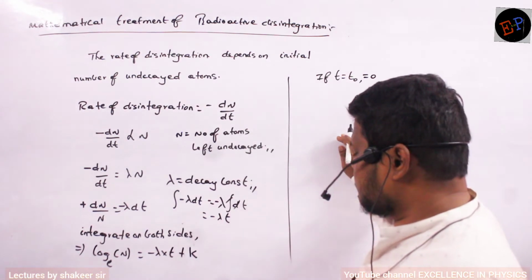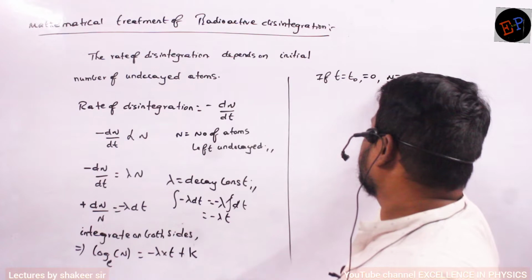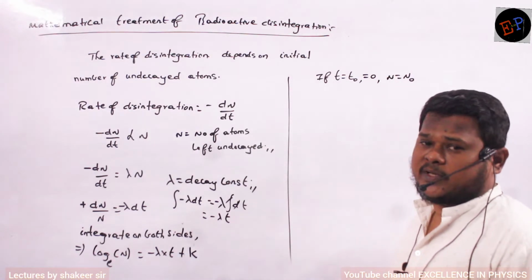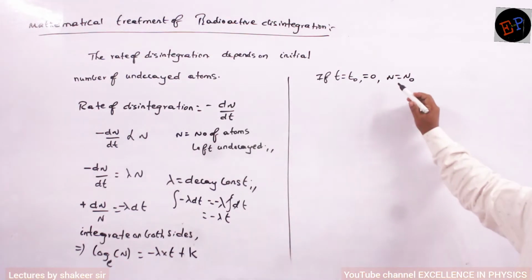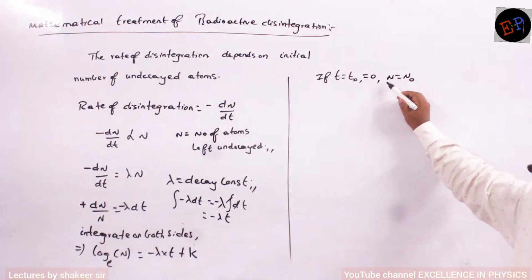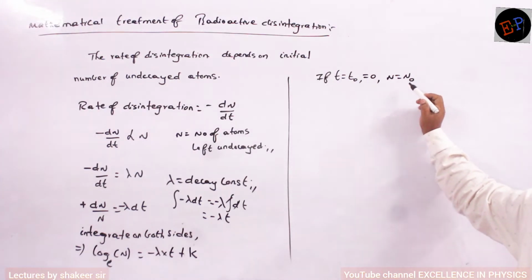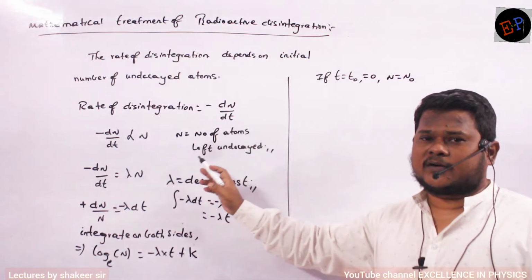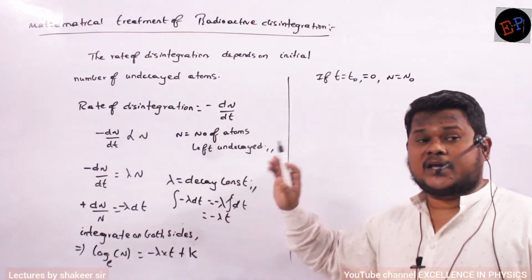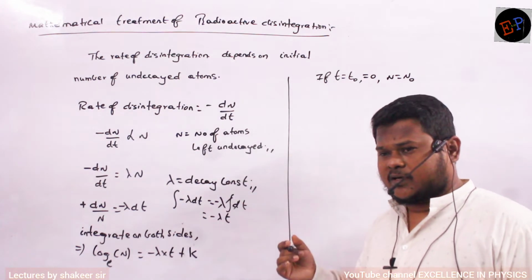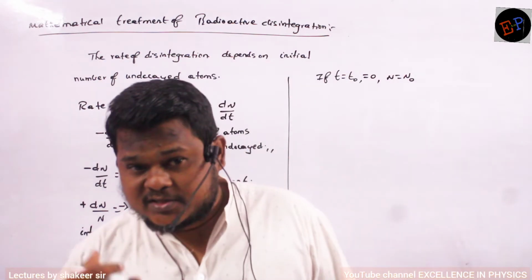So if I take time 0, then n will become n naught. What is meant by n equal to n naught? The number of atoms left undecayed is equal to the initial number of atoms left undecayed when I started observation. N naught means the number of atoms left undecayed when I started observation.